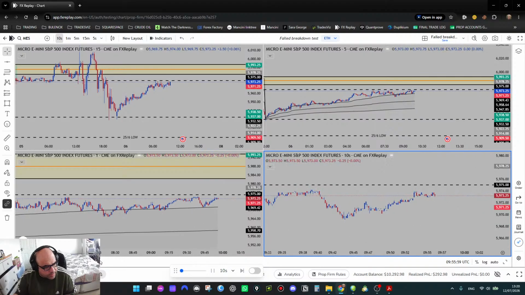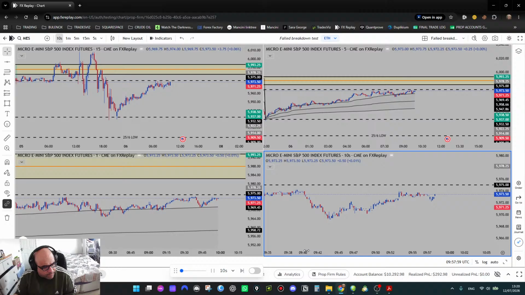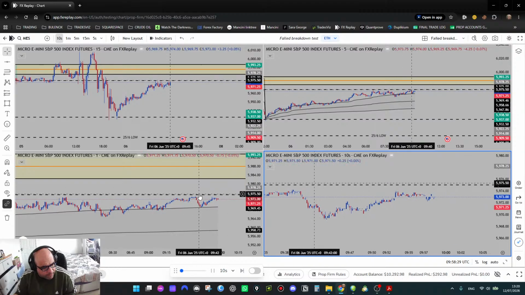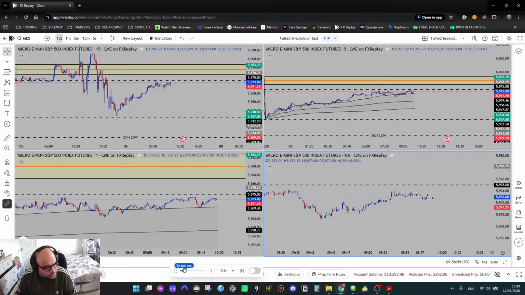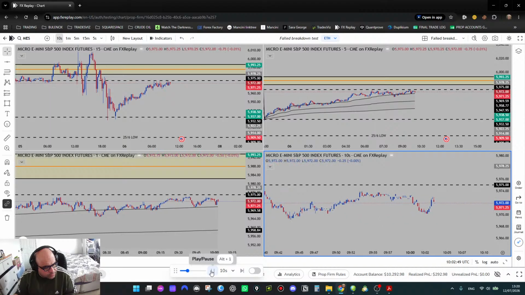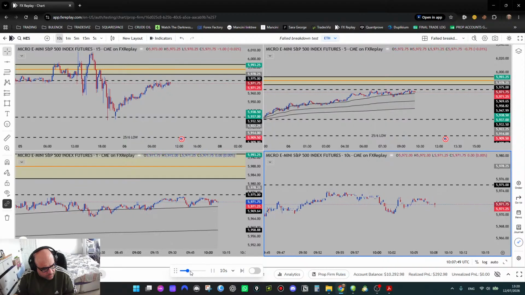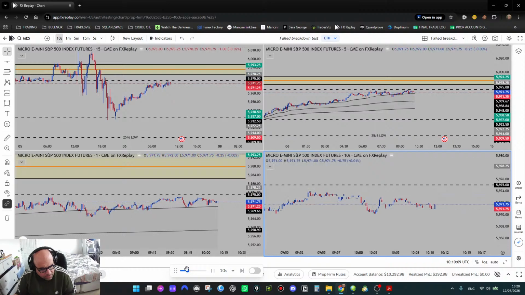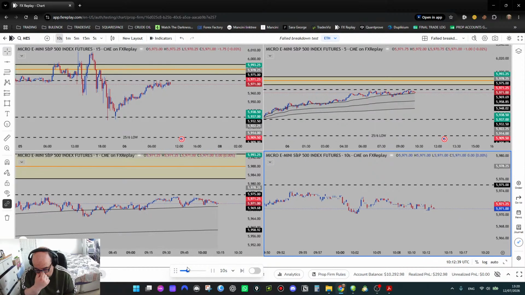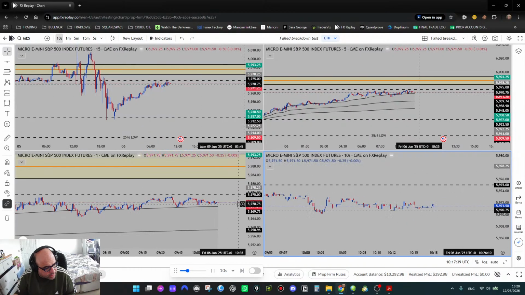Volatility is very low. Nothing. Sideways action for a long time.